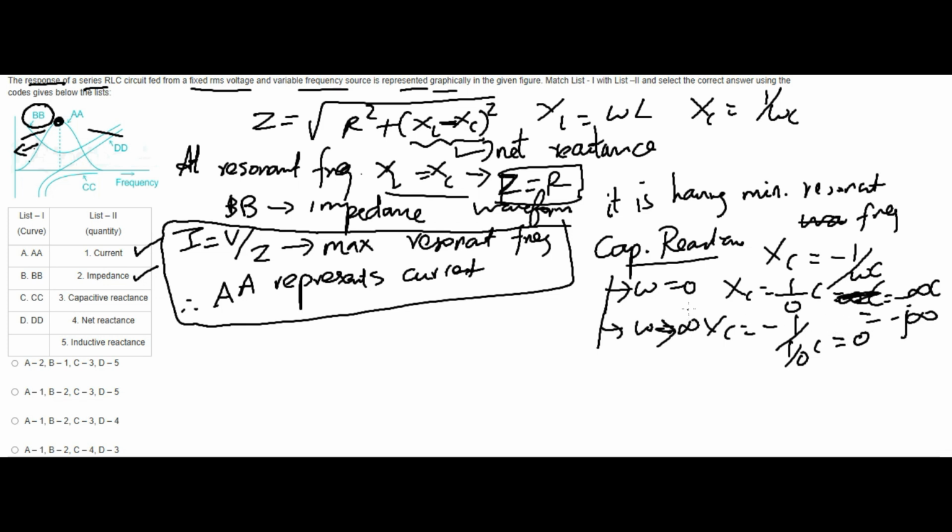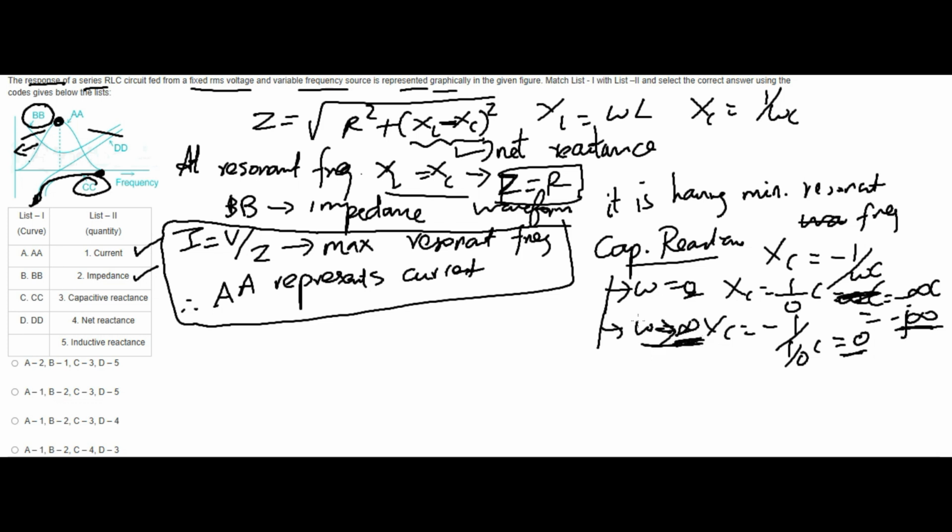So the curve starts at minus j infinity and ends at 0. It is coming from infinity and it is ending at the 0 line, which belongs to omega tending to infinity.